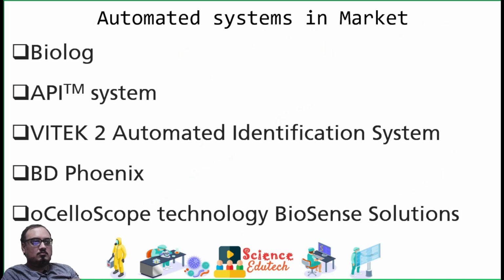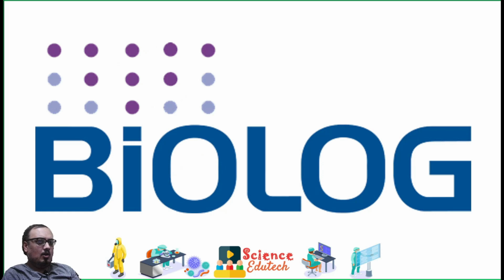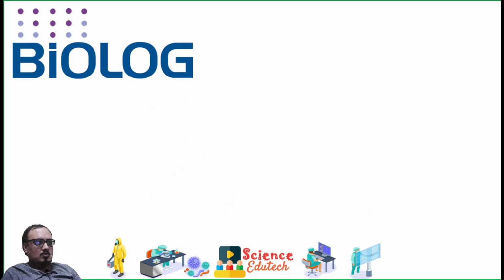There are some systems in the market such as Biolog, API system, Vitek, BD Phoenix, and Celoscope Technologies Bioscience Solutions. In this video, I am going to discuss the Biolog system.